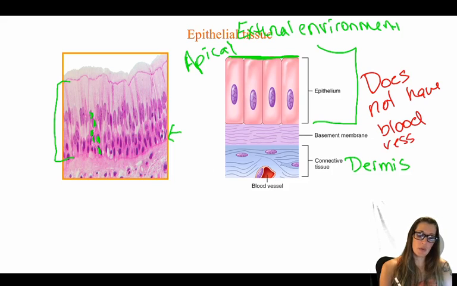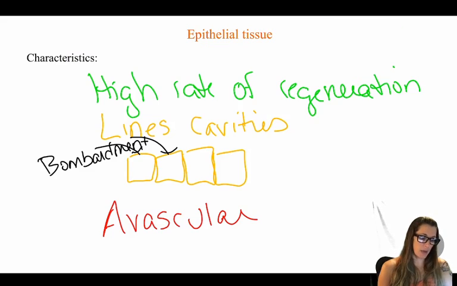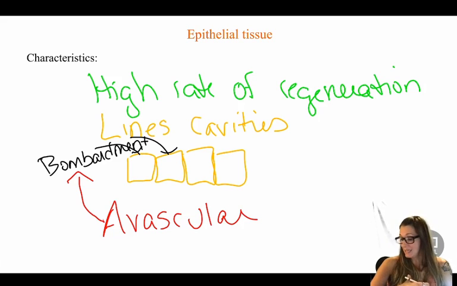And if we think about what I was just talking about, this constant bombardment, if these cells are constantly experiencing damage, you don't want your blood supply running through these cells. Your skin, you're losing skin cells by the bucket loads all the time. You often will scratch your skin or agitate your skin, and very rarely do you bleed. To bleed, you have to get down into the vascular layer, into the dermis. So the epithelial tissue itself is avascular.